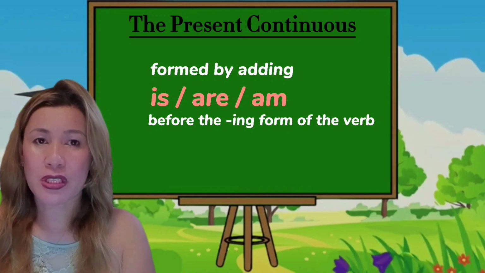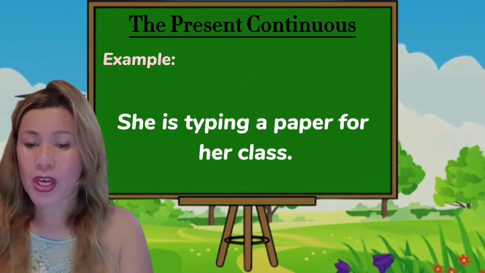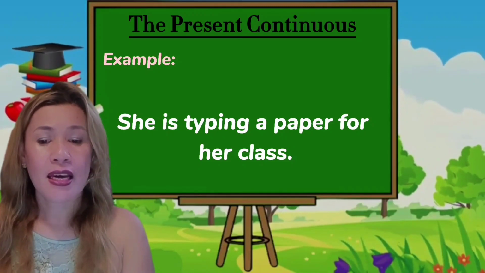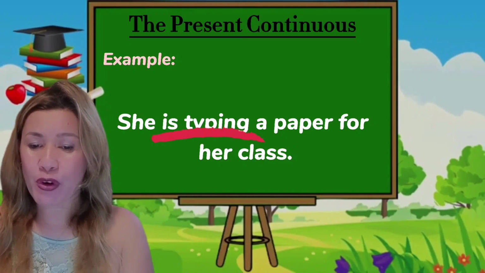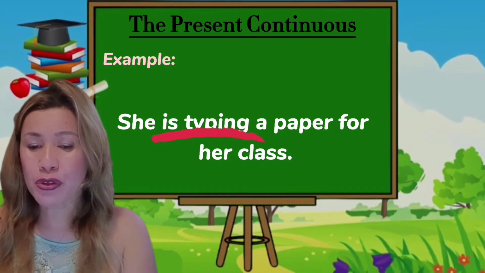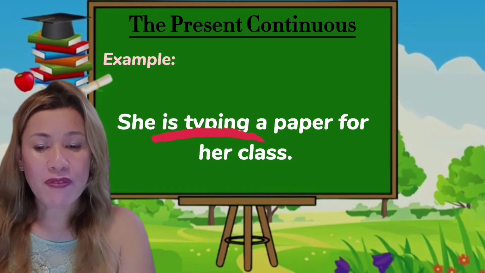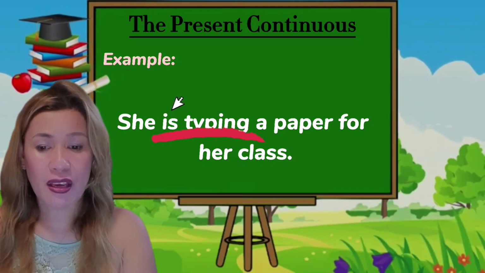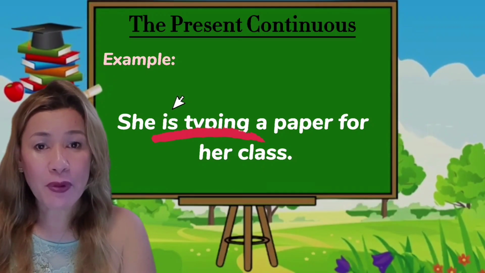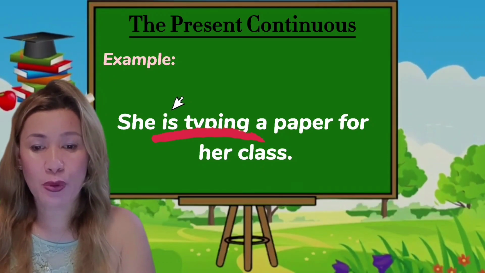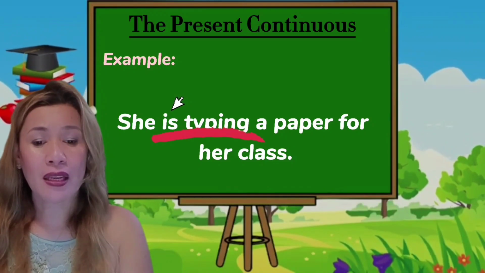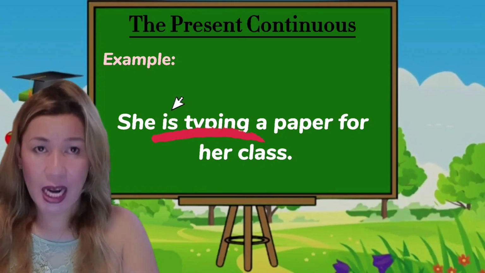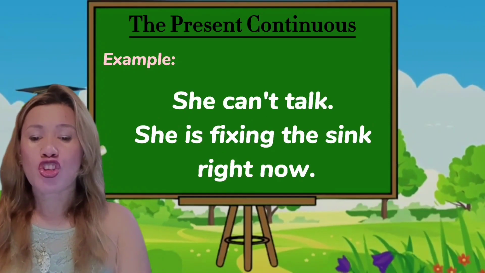Simple present continuous. Let's take a look at the example. She is typing a paper for her class. Is typing is our verb. Notice that it is introduced by a be verb is and followed by typing, which is an ing ending verb. So this is an example of a present continuous verb. What does that mean? That right now, the action typing is being done. Another example, she can't talk.